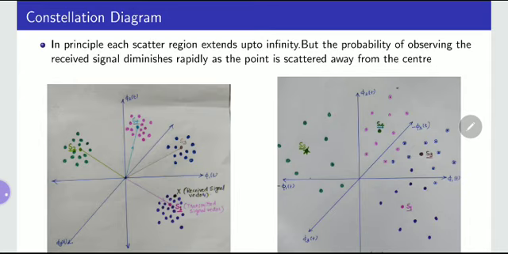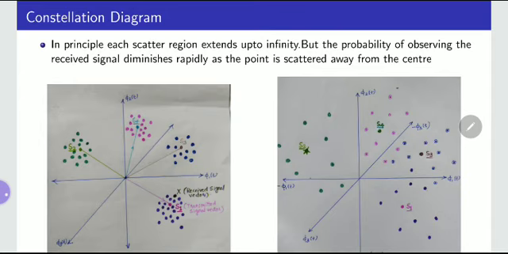So you'll get something like M scatter regions. So this is one scatter region and this is another. So here you can see that these scatter regions overlap. So this means that what I have sent is S3, but there is a finite probability that it is found closer to S4 than S3.